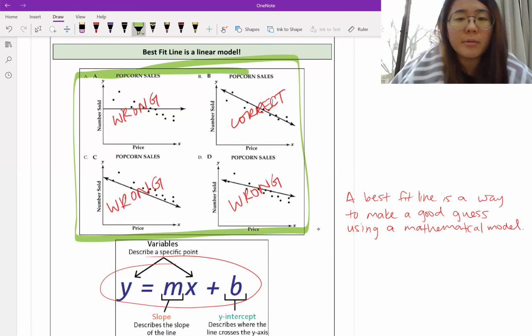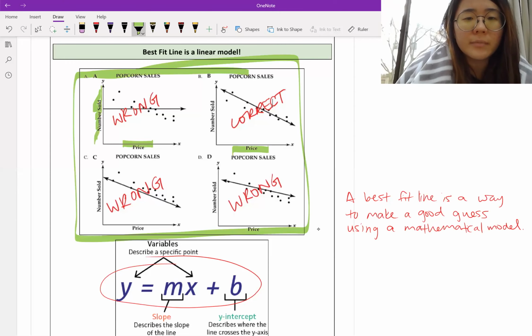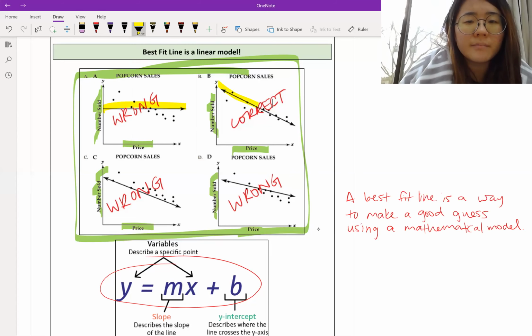We're comparing price and numbers sold for all of them. But I'm going to highlight the best fit line in yellow in each of them. The way you draw the line really helps you make a better guess if it's a better fit.